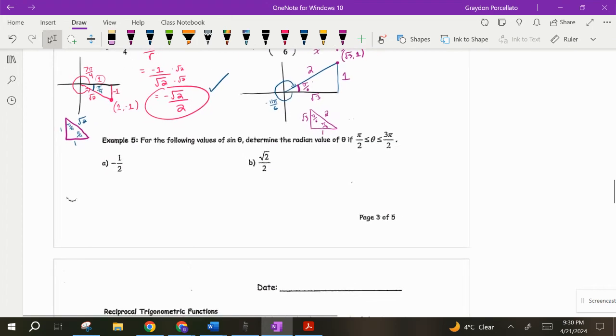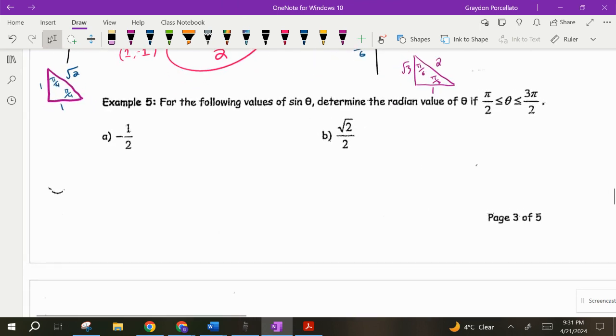All right, let's try these next couple examples. For the following values of sine, determine the value of theta. Notice this is telling us that sine of theta equals negative 1 over 2. Well, we know that sine of theta is y over r, so let's draw this out.